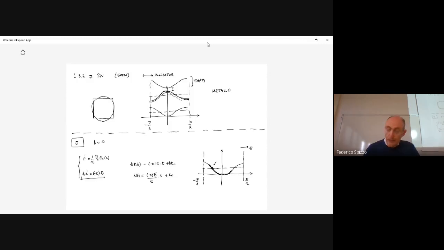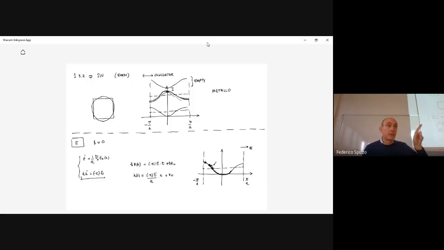As time goes by, this level moves to the left, and as it moves to the left, the velocity that corresponds to the level, as the velocity is the derivative of the energy, is negative, as you are on the left side, so negative velocity. At some point, the level reaches the border of the zone. At that point, the velocity is 0.